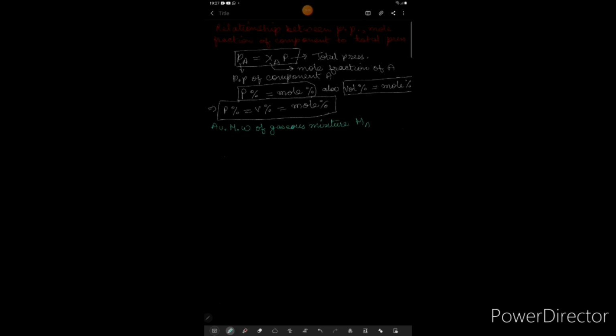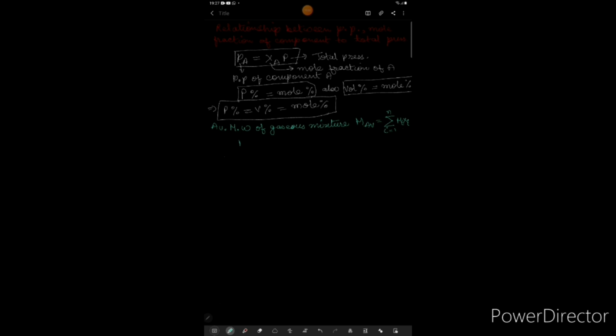M average is the sum of molecular weight into mole fraction of the ith component, where i goes from 1 to n.